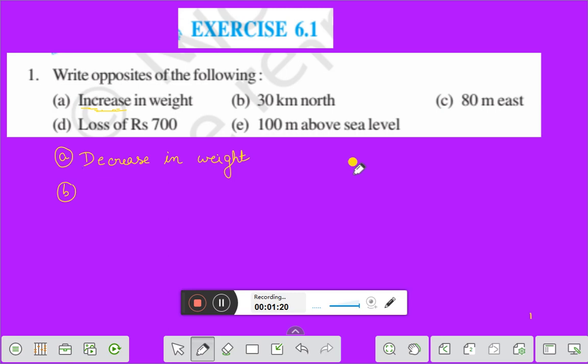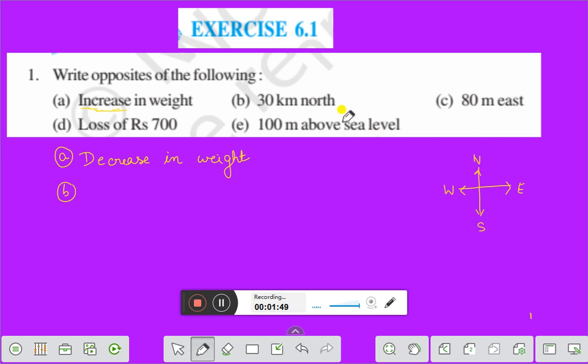Number B. B is 30 km north. If we represent the direction, in this way, then it is east, it is west, it is north, and this is south.